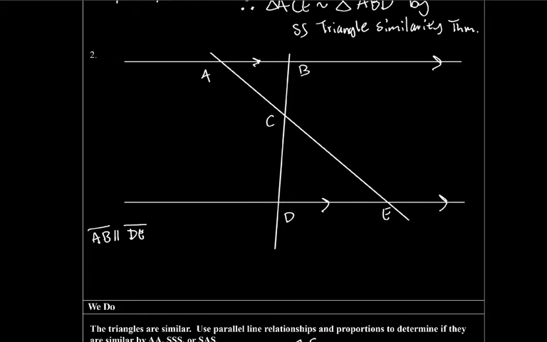If we look at this angle over here, that's an interior angle. This is an interior angle. It's an alternate interior angle. So we have that angle, I'm going to do CAB. So that angle is congruent to that angle.